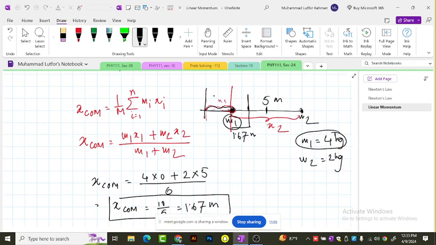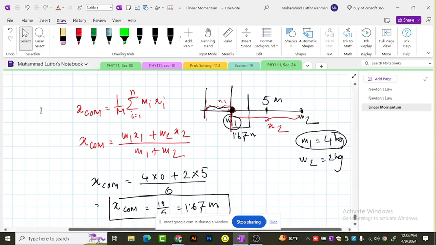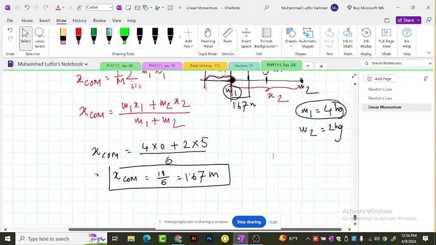Do I know that x1? No sir. But if I choose the origin over here at the location of m1, then I can know that x1. What will be the x1 for this m1? 0, sir. 0, and the x2 would be from this one, which is the 5. Okay, sir, understood.